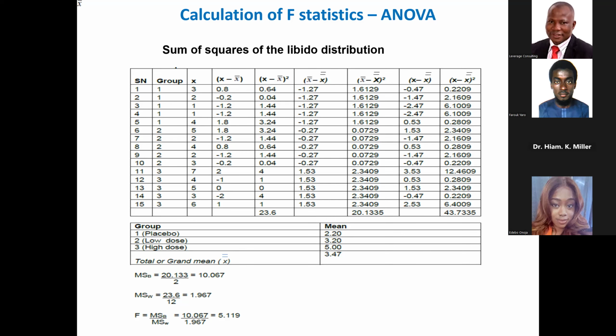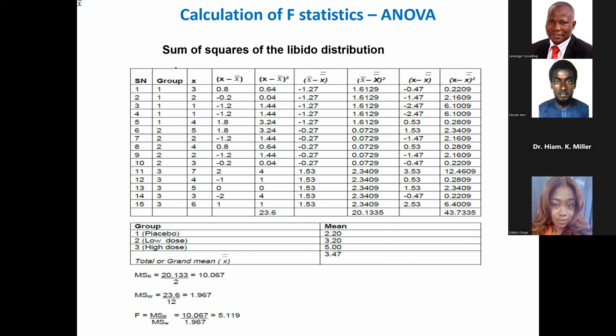You see from 1 to 5 the same, because the group mean is the same for the group. The group mean is 2.2. So if you remove the grand mean, which is 3 point something, yes, 3.47, sorry, 3.47, which is the grand mean, from that 2.2, it gives you minus 1.27.